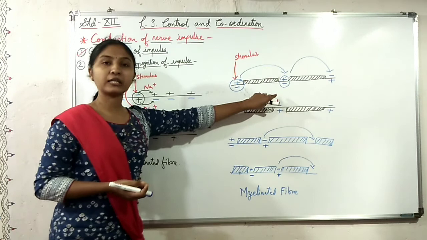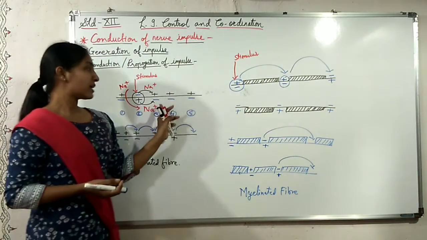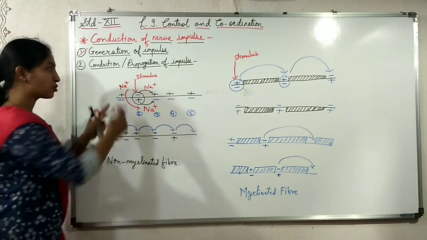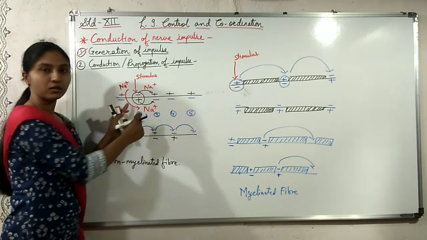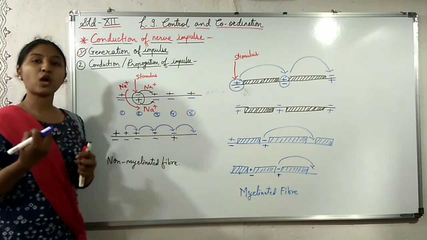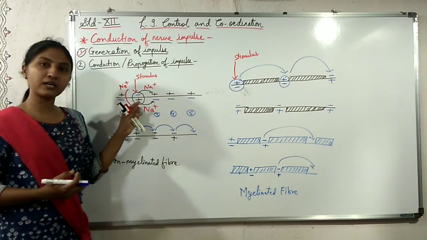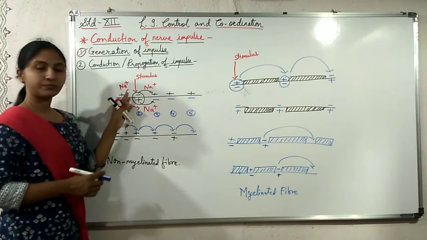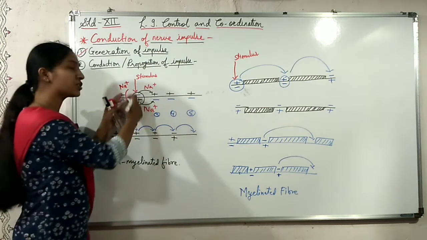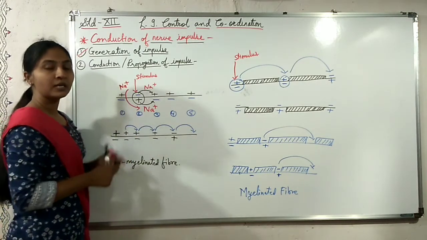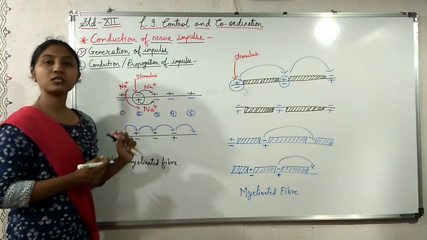In the non-myelinated fiber, there are channel gates. The sodium ions have to move inside the neuroplasm. So this requires energy, and ATP is consumed. Each time the sodium ions enter inside the neuroplasm, ATP is consumed.